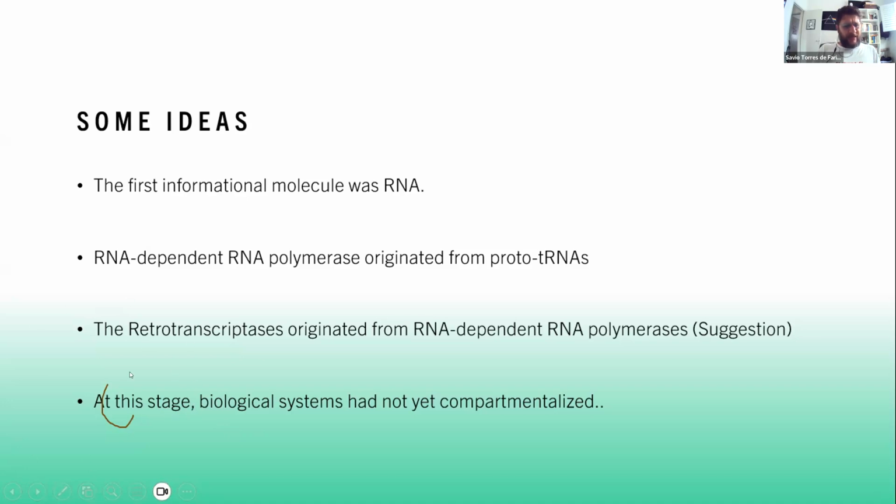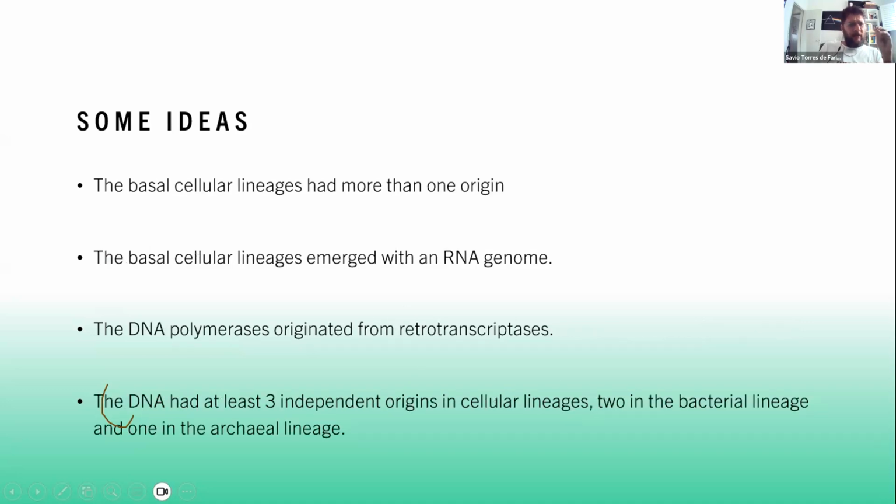And at this stage, the biological system had not yet compartmentalized. And the basal cellular lineages, Archaea and bacteria, had more than one origin. So we propose that the cellular lineages had two independent origins, and in these independent origins, the genome was composed of RNA.